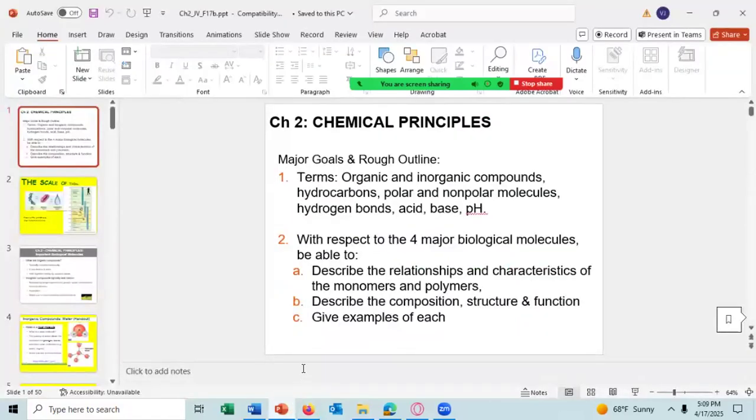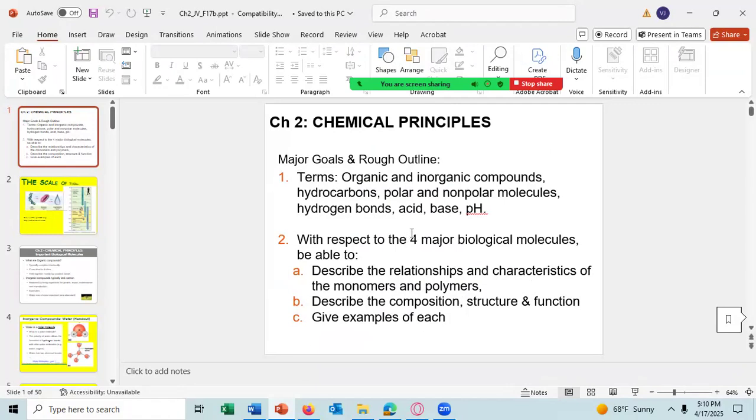And then 2, meaning the next item is, with respect to the 4 major biological molecules, be able to describe the relationship and the characteristics of the monomers and the polymers, be able to describe the composition, structure, and function of each of the 4 major biological molecules, and then give examples of each.